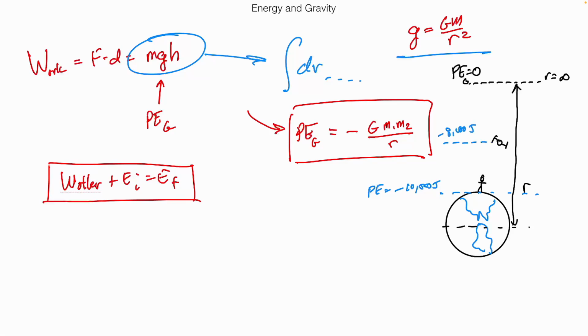Okay, which of those two numbers is higher? Larger? I don't know about you, but my brain completely erases the minus sign and just looks at the 10,000. 10,000 bigger than 8,000. That's wrong. The higher number here is the least negative one.